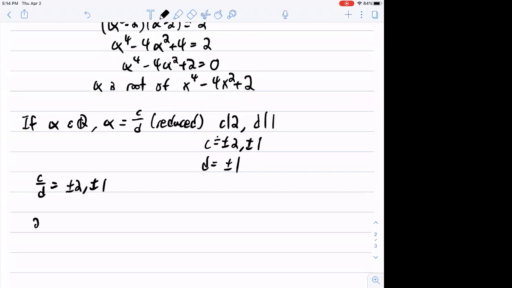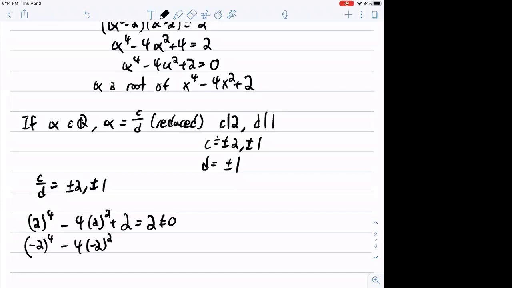Now you just plug it in. 2 to the 4th minus 4 times 2 squared plus 2 should be 2, which is not 0. Negative 2 gives the same thing because we always raise something to an even power.